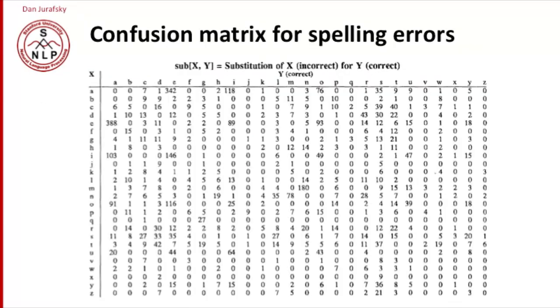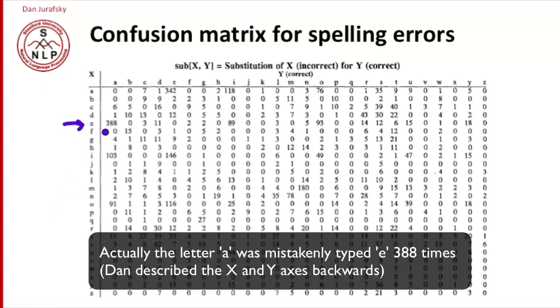So here's an example of a confusion matrix for spelling errors. The font is a little small, but just to give you a basic idea, this is a substitution matrix that I took from Kernighan et al. So here's the letter E, and in their data it's very likely, 388 times, to be substituted with an A. So you meant to type E, you incorrectly typed an A, or you might have typed an I, or you might have typed an O. So vowels are very likely to be mistaken for each other.